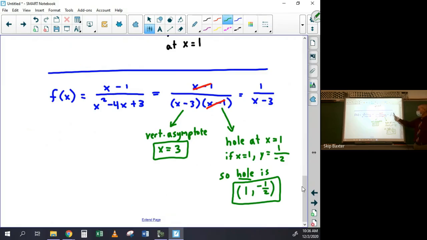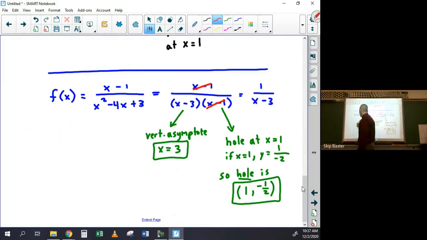This looks like 1 over x, but shifted how? Oh, it's shifted to the right 3. Yeah, good. We're replacing x with x minus 3, which means it's a horizontal shift, and that's the opposite of what you would expect. If it's plus, you move to the left, and if it's negative, you move to the right. So this moves to the right 3.